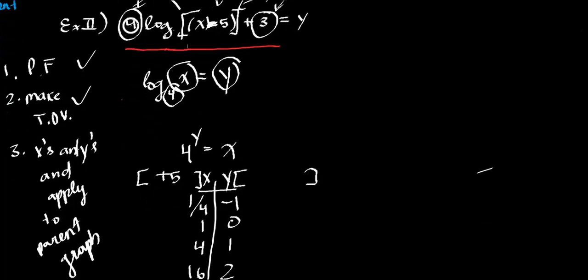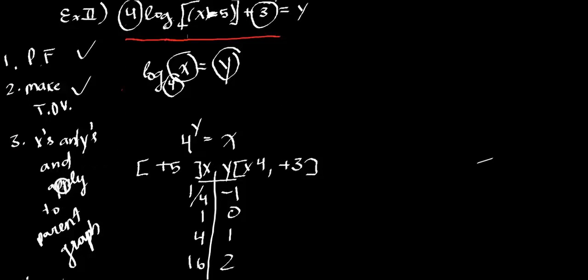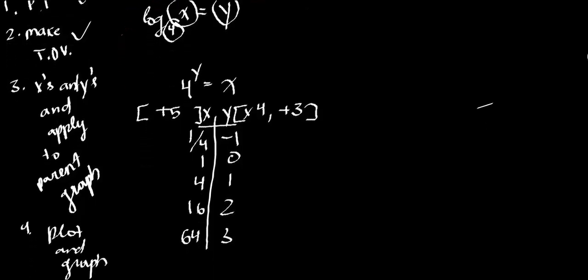So here we are multiplying by 4. And what else are we doing? Well, we have an addition, so we are adding 3. Okay? Now, it just says apply to parent graph. So we just apply these numbers, kind of distribute, and do the arithmetic. That's what we have to do.